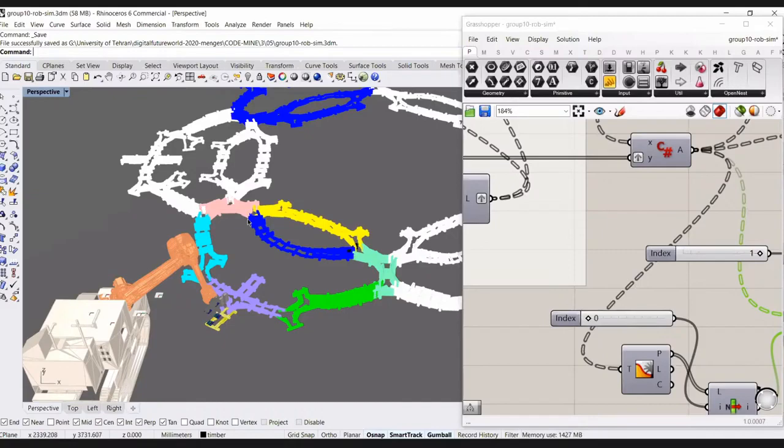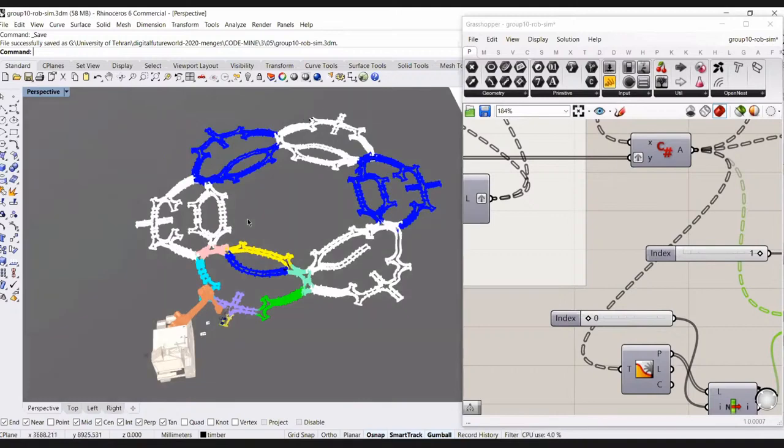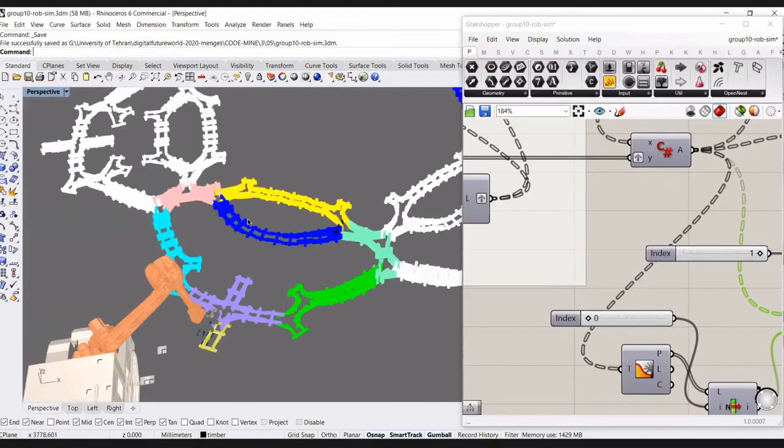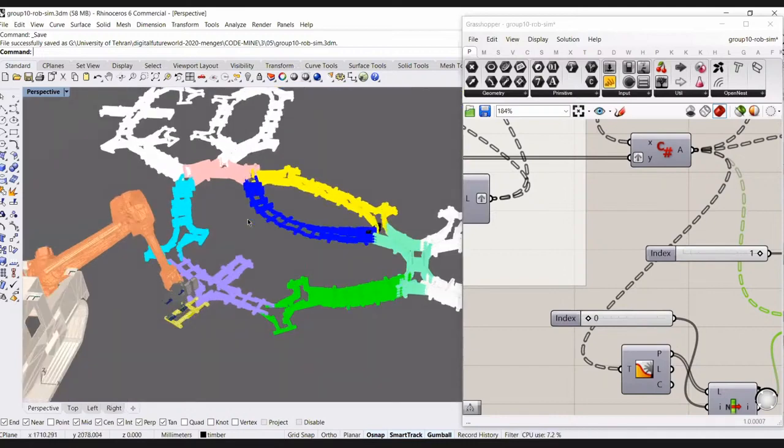So I decided to divide the whole pattern into 6 smaller sections. And for each section, I think I need to subdivide it again because the robot can't place all of them due to its reach.